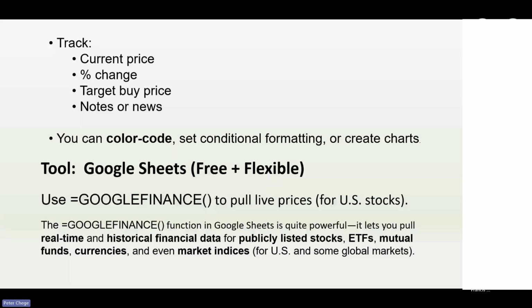And the formula that we are using, it's here. It's a Google Sheets formula. Equal sign, GOOGLEFINANCE, in brackets, and inside the brackets you put parameters. That's the only formula we are using, to pull live prices, and it only works for US stocks.